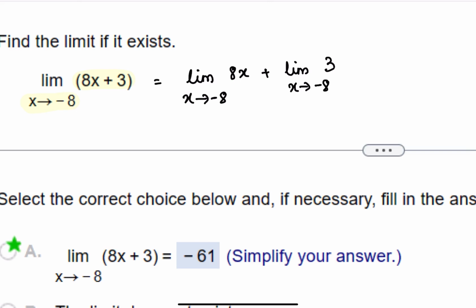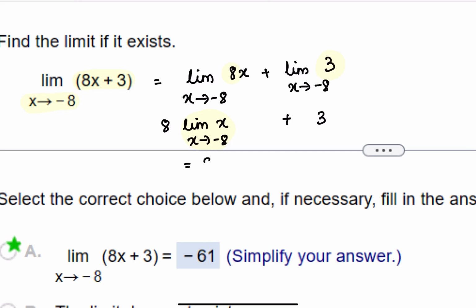Now the best part is this is a constant. The limit of a constant is a constant because there is no x value. Now as you can see, 8 is a constant. 8 comes out. The limit of x approaching negative 8, go back to the formula, and this whole thing will be negative 8.